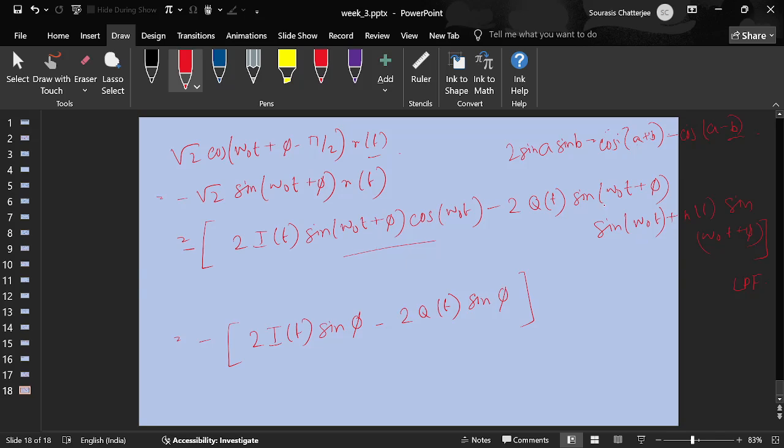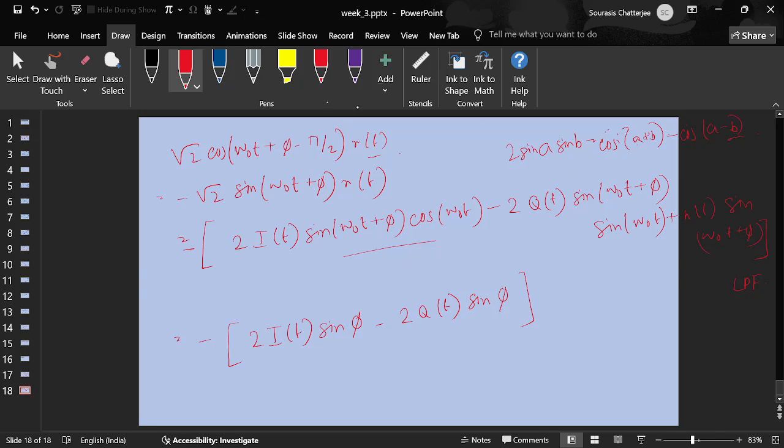And here there are two sine a sine b. So is that cos of a plus b minus cos of a minus b, or is it something else? It will be 2 sine a sine b will be, yeah, cos of a minus b, minus cos of a plus b.